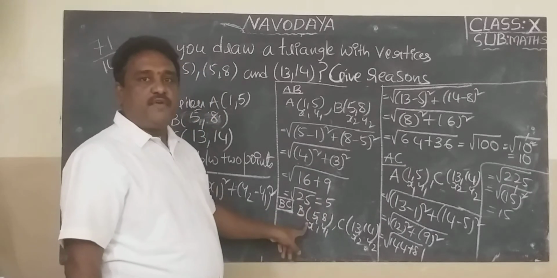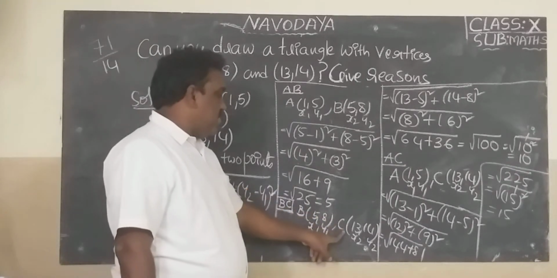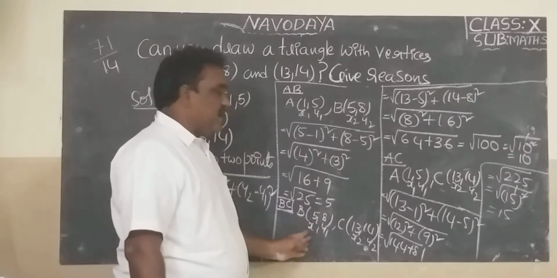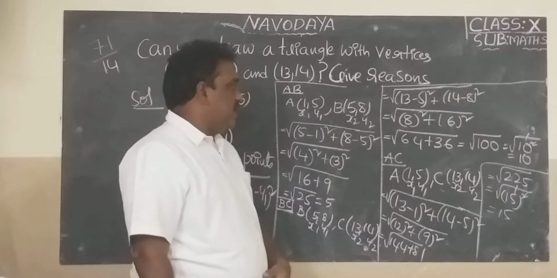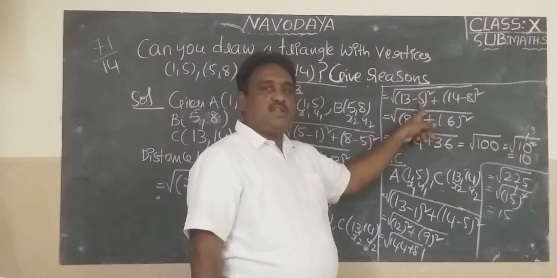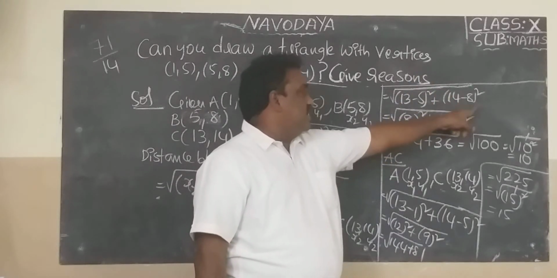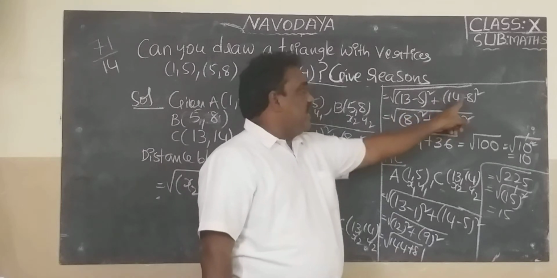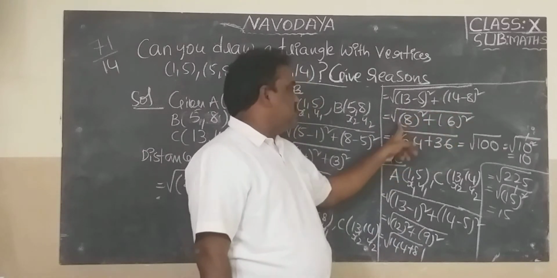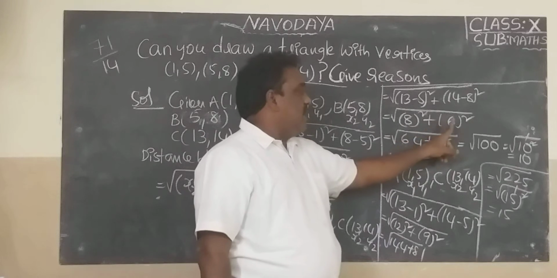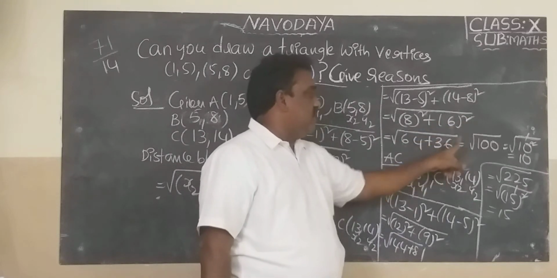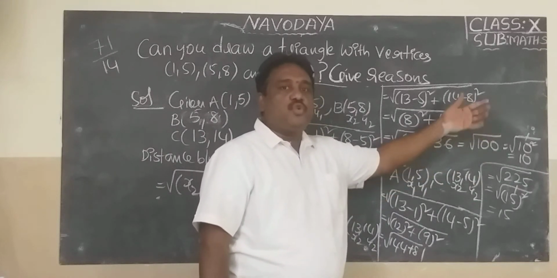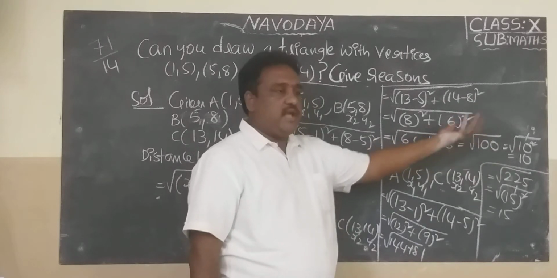Then find BC. B is (5, 8), C is (13, 14). First one x1, y1, second one x2, y2. 13 minus 5 whole square, 14 minus 8 whole square. 13 minus 5 is 8, 14 minus 8 is 6. 8 square is 64, 6 square is 36. Add, 100. How to write 100? 10 square, so 10.